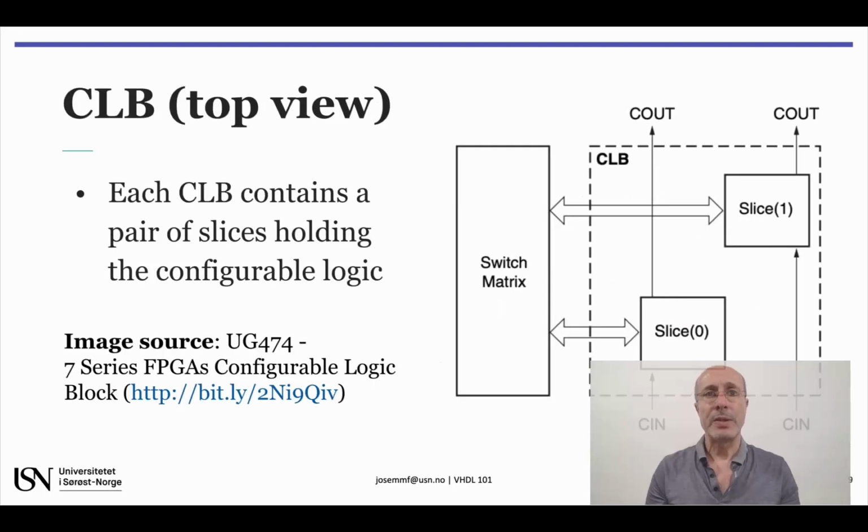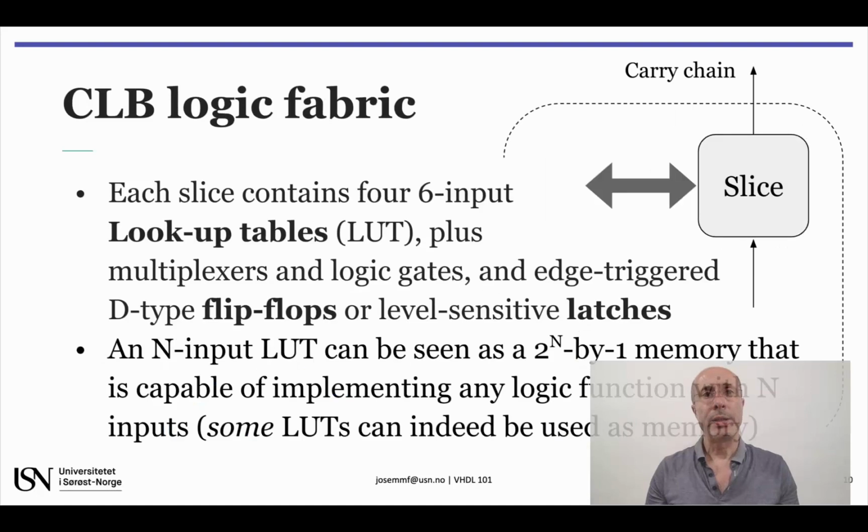This slide shows that each CLB comprises two identical blocks called slices, which use the switch matrices to connect to equivalent blocks in other CLBs or I/O blocks. Notice the reference to the second Xilinx document containing relevant reading material about FPGA architectures. In order to understand how the programmable resources allow the implementation of any logic function, we have to look inside the so-called slices.